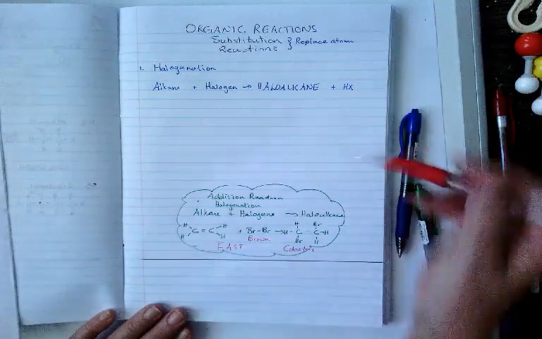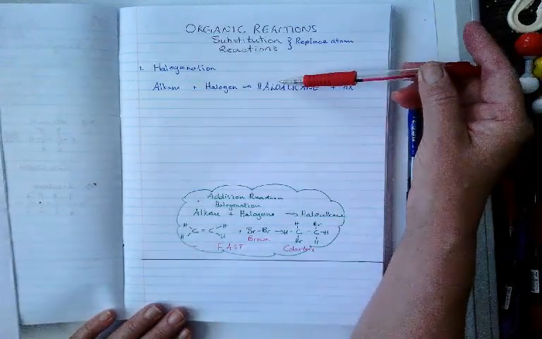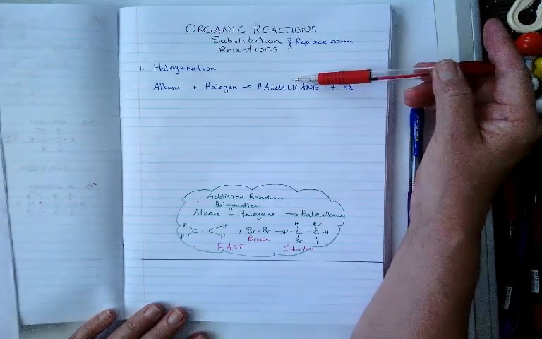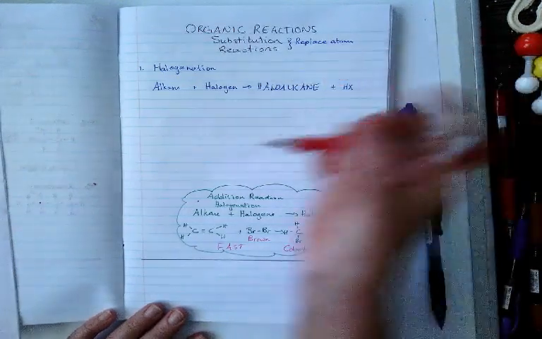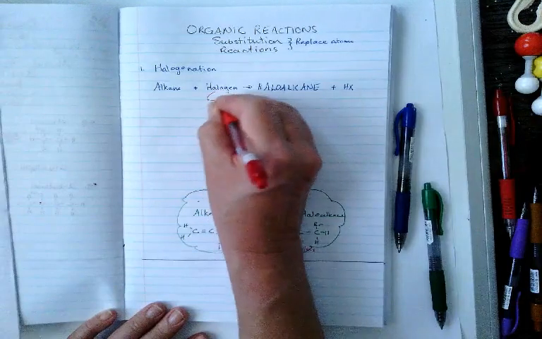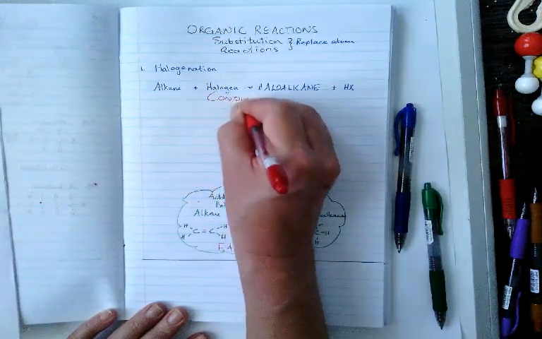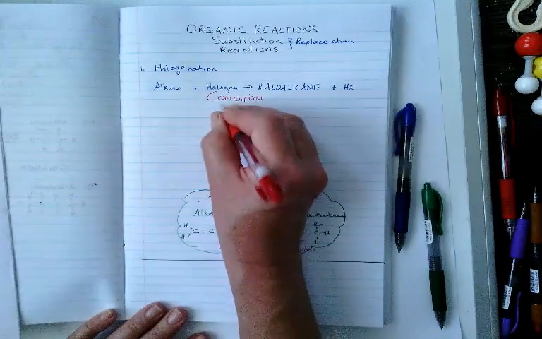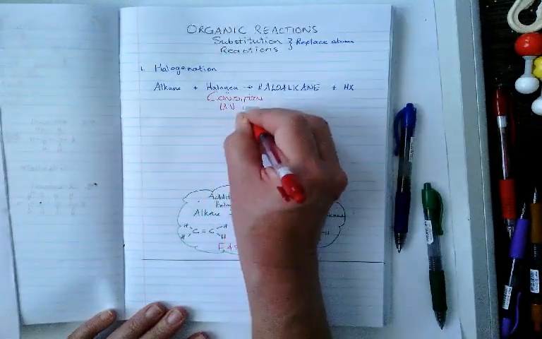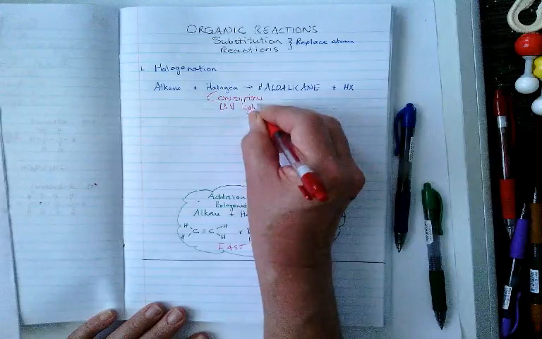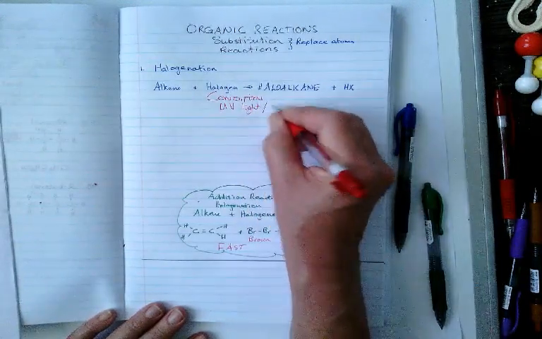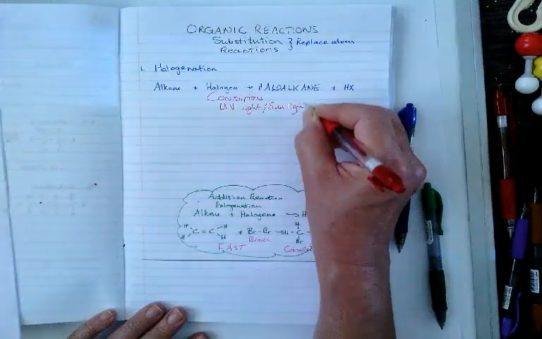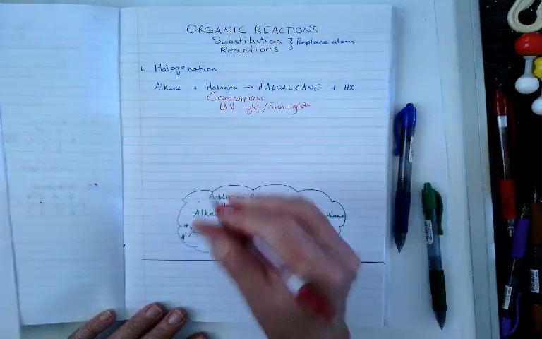Now, in this reaction, where the alkane reacts with a halogen to replace some hydrogen atom, the condition here is that you need UV light. Ultraviolet light is necessary, and the sun contains ultraviolet light.